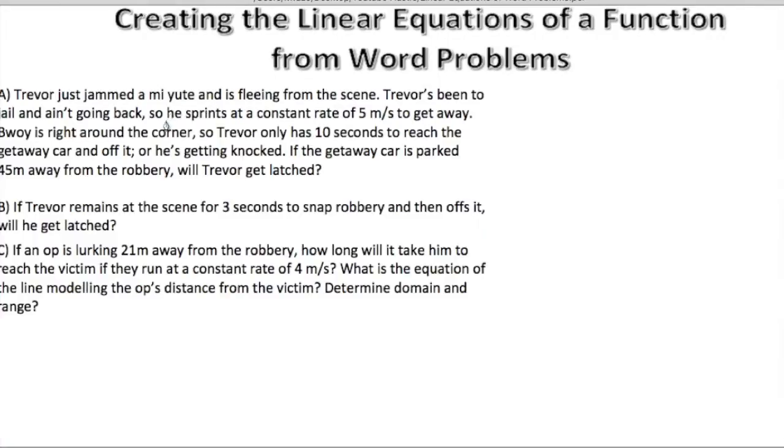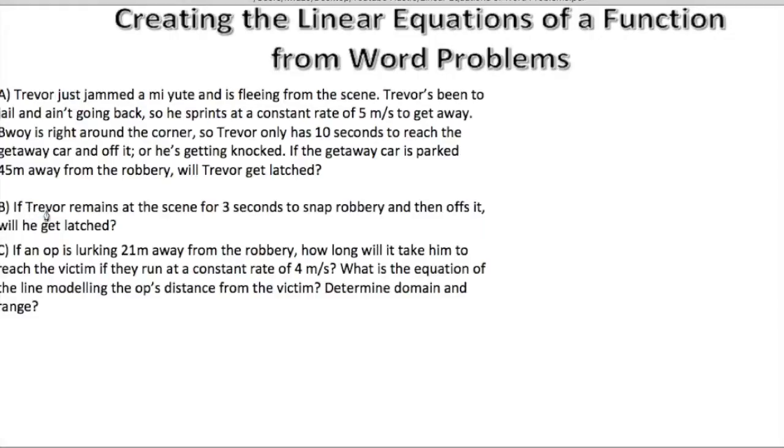Alright, so back to the question. He sprints at a constant rate of 5 meters per second to get away. The police are right around the corner, so Trevor only has 10 seconds to reach the getaway car and off it, or he's getting knocked. Part A: if the getaway car is parked 45 meters away from the robbery, will Trevor get latched?